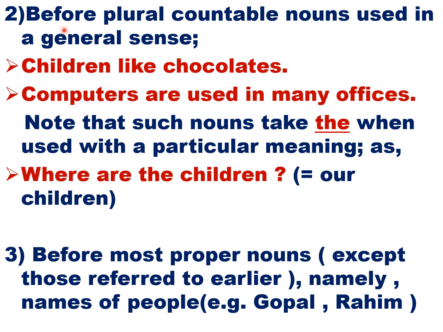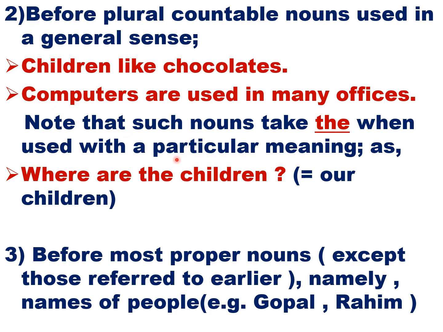We can omit the articles before plural countable nouns used in a general sense. Example, children like chocolates. Here we are talking generally, so there is no need for the article. Computers are used in many offices. Here also, the statement is mentioned generally, so there is no need for the article.